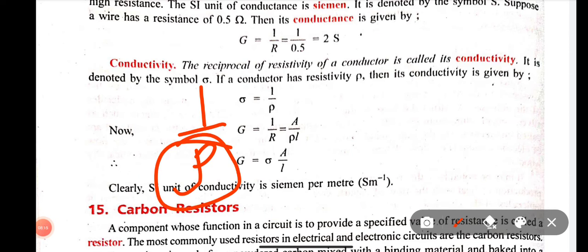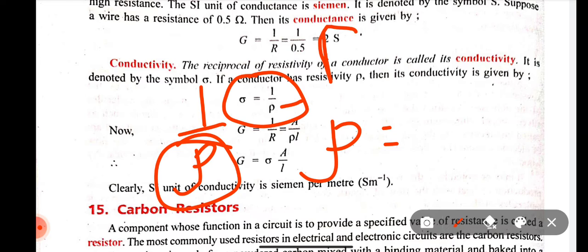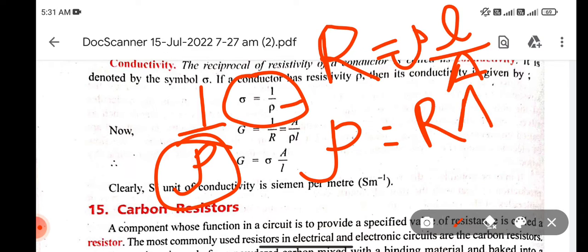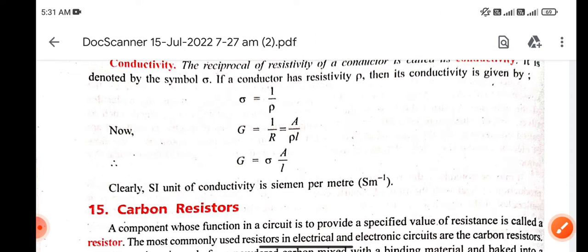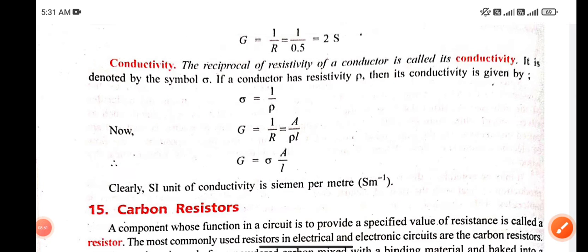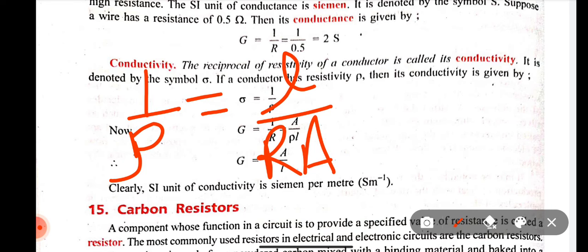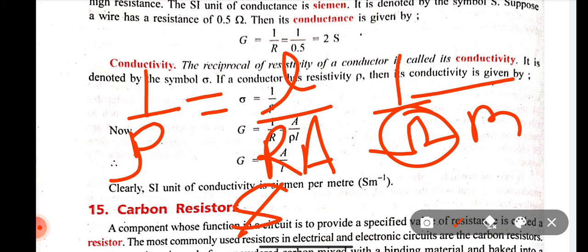Resistivity is rho, and the reciprocal of resistivity is known as conductivity. Now, from the formula we can express R equal to rho L upon A. So rho equal to R A by L. If we take the reciprocal, 1 by rho, that is 1 upon resistivity, we find L by R A. Here, 1 upon ohm is known as Siemens, and per meter.